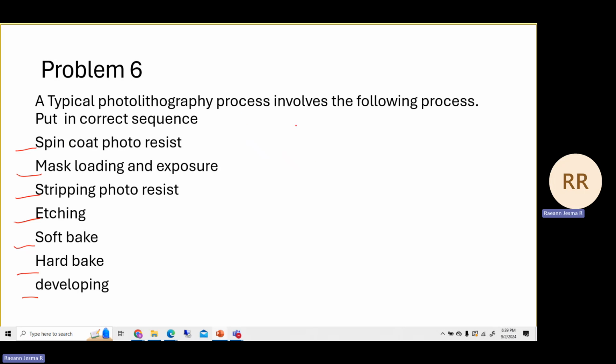And here you can consider that we are using a positive photoresist. So what do you think are the sequence of steps?